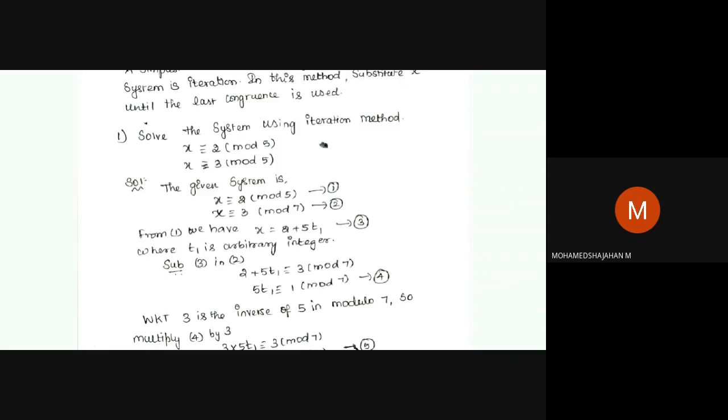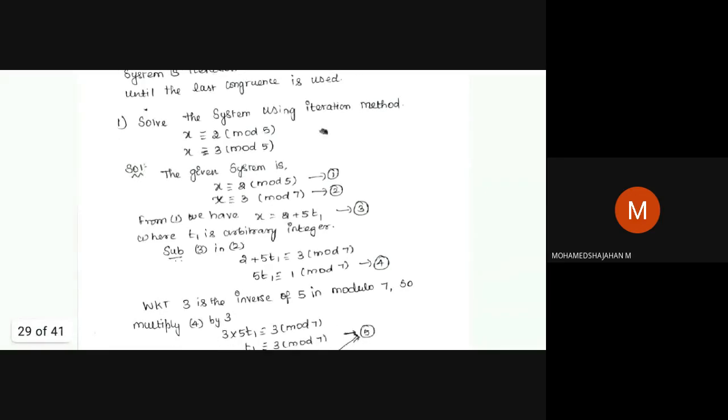From the first equation, x congruent to 2 mod 5 can be written as the linear equation x equal to 2 plus 5t1. Generally we write x equal to 2 plus 5y, but instead of y I am taking t1. So x equal to 2 plus 5t1, where t1 is an arbitrary integer.